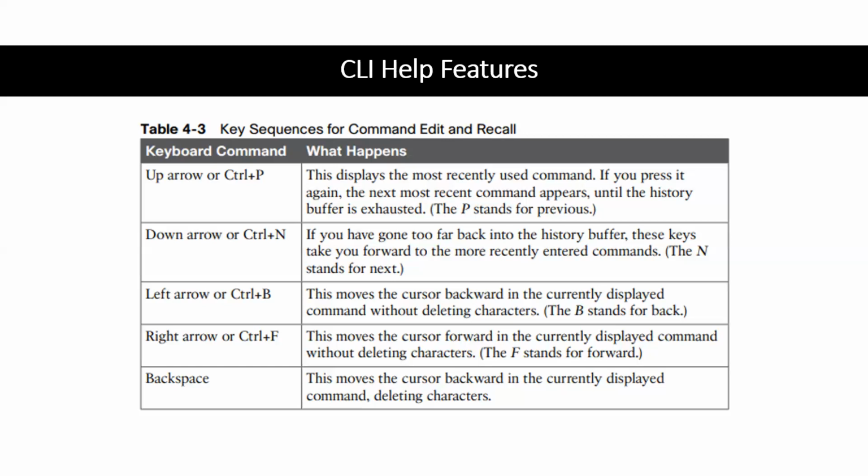Maybe Ryan is looking at his command history and he's gone too far back. There is a way that you can come back, right? Maybe you skipped the command that you were looking for. You can use the down arrow to come back down the history buffer, as they call it, to see the command that you're looking for, okay? And this works at any prompt, by the way, okay?